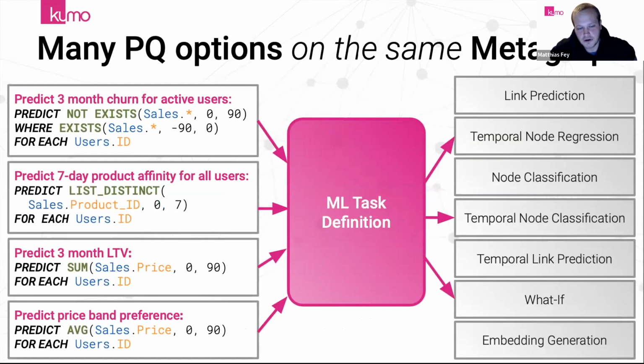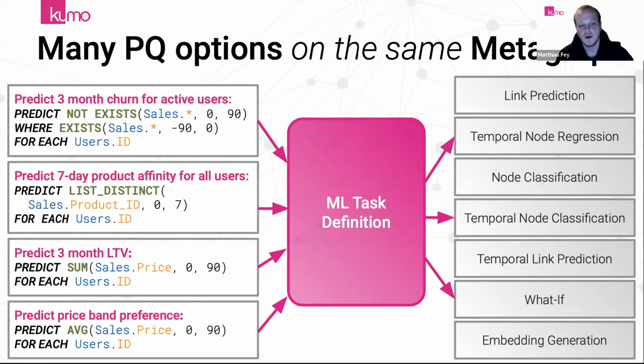The predictive query is actually a super general language to formalize different machine learning tasks. And it's quite natural to have multiple predictive queries defined on the same meta graph. So for example, you only need to instantiate your graph once, but then can query the future for different tasks on the same graph.